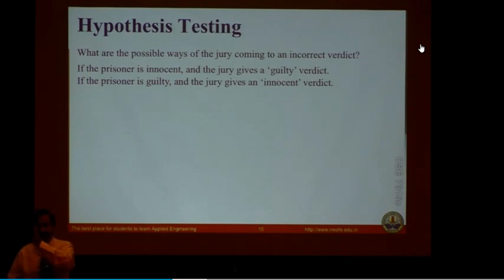Rejecting the null hypothesis means you are finding him guilty. So that is type 1 error.